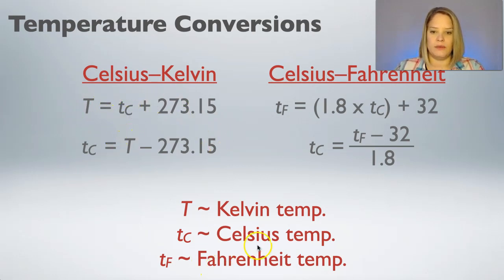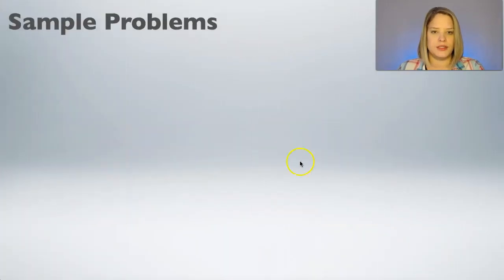Then T_C would be a Celsius temperature that you could either plug in that place or solve for that variable. And then the T_F is a Fahrenheit. So why don't you get down at least the first one in each column, and then we'll practice using it. All right, so let's look at the practice problems at the bottom of the page.